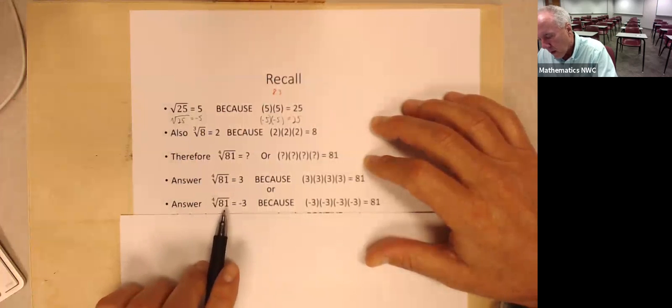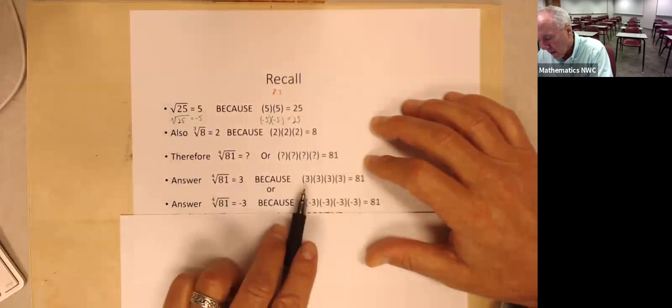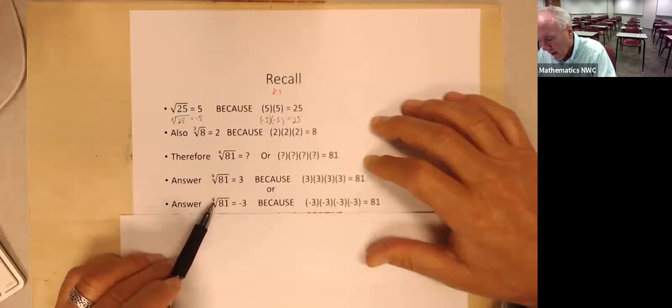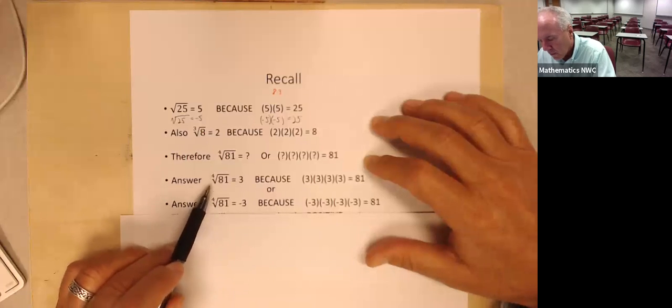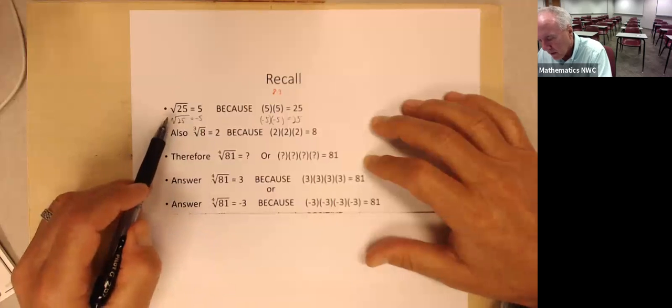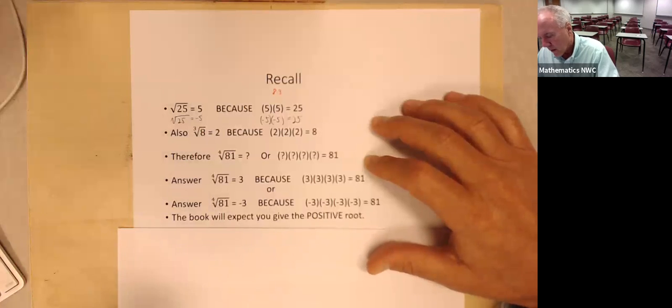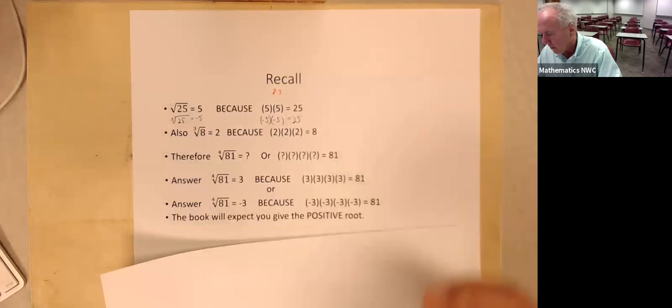The fourth root of 81 could have been 3, but it also could have been a negative 3. Whenever we have an even root, fourth root, or square root, we technically can get 2 answers. The book will expect you to give the positive answer in those cases.